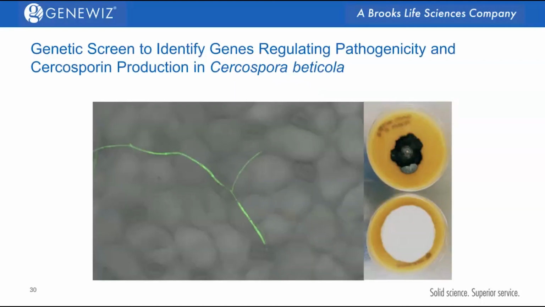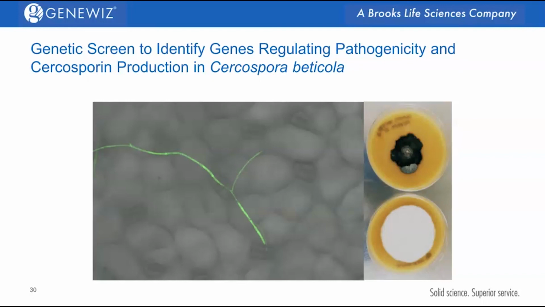So I decided that I'll be working in a new system that was Cercospora beticola and beet. I thought I'm going to do a similar study and start all over again because it's going to be a discovery mode and it was a different pathosystem.